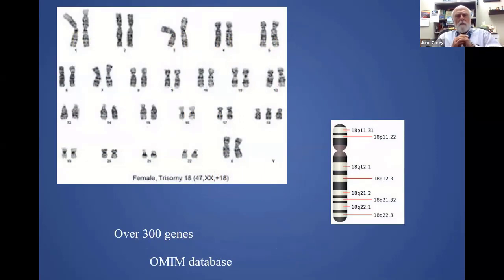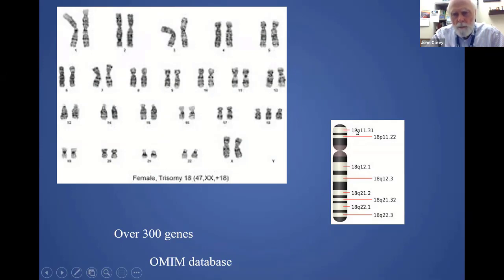So there's a karyogram up on your left, again, this time of a female. In this case, if you look down, there are 3 18s in this particular female. And here's a nice cartoon of the 18 displaying the bands for us, and also displaying the way these bands are numbered.